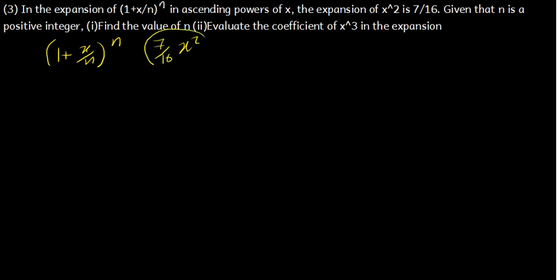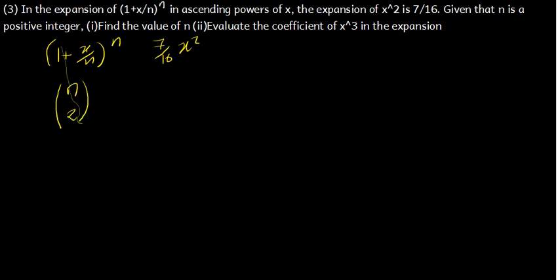Well, we need to expand this and make sure that we find a term that has got x squared. But what term is that? Well, we need to know that when we are dealing with these expansions, a number which we are going to put here is going to affect the second term. And so, because we want to have x squared, then we need to put a 2 here.